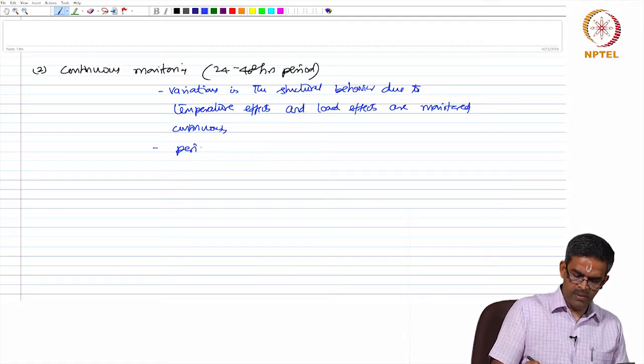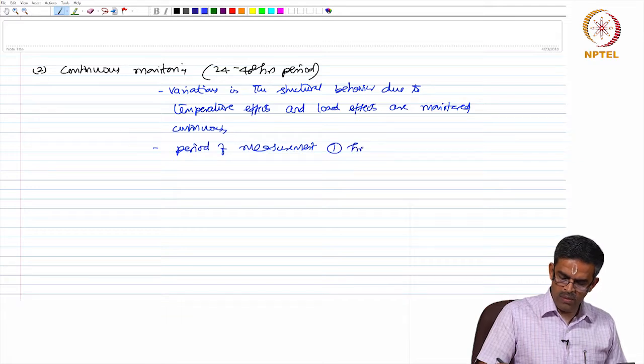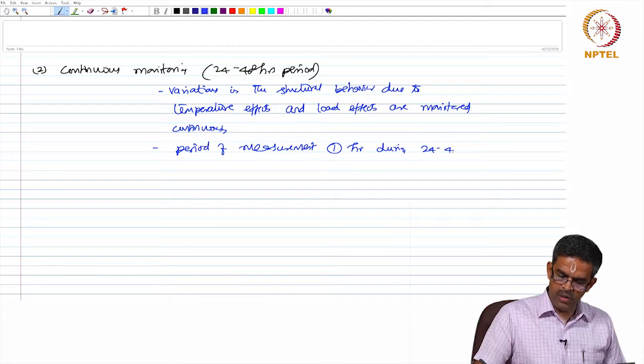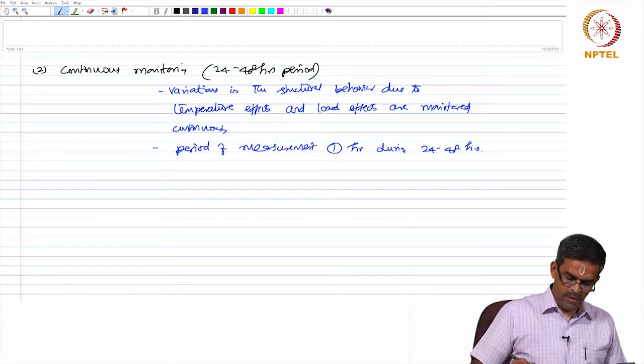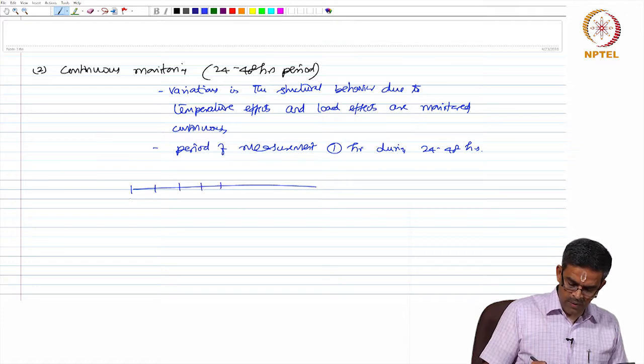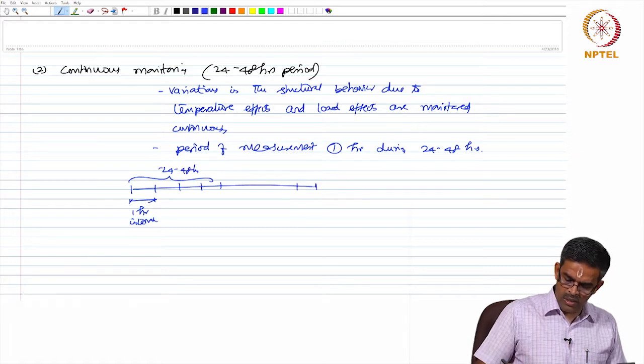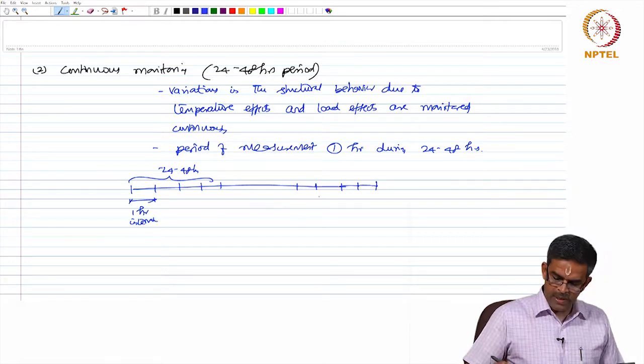Period of measurement can be 1 hour during 24 to 48 hours, that is, it can be every 1 hour. So, 1 hour interval for 24 to 48 hours, then the next 24 to 48 hours can happen the next season.